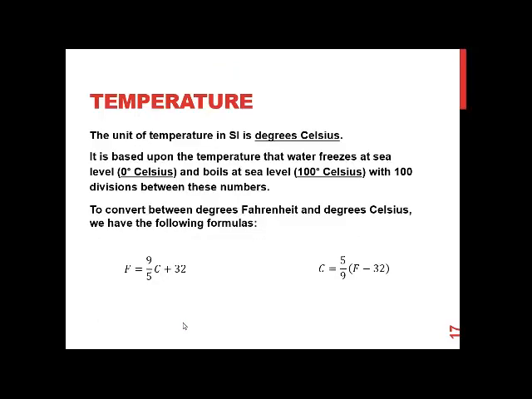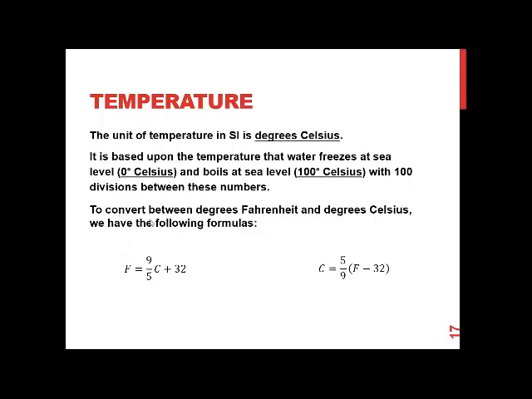Temperature. The unit of temperature in SI is degrees Celsius. Now again, they took something and based the scale on something that actually makes sense. They took the freezing temperature of water, 0 degrees Celsius, and they took the boiling temperature of water and called that 100 degrees Celsius, and they made 100 divisions between these numbers.